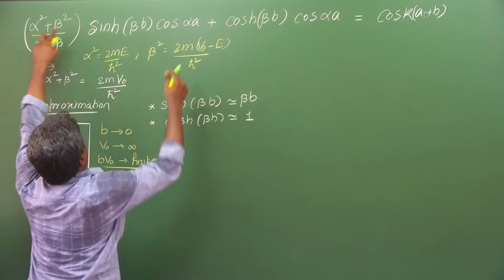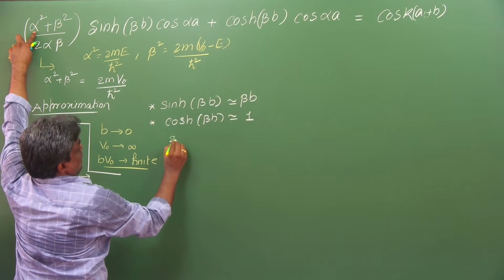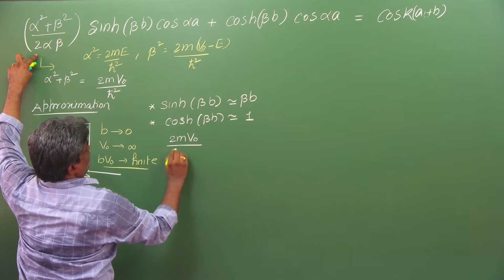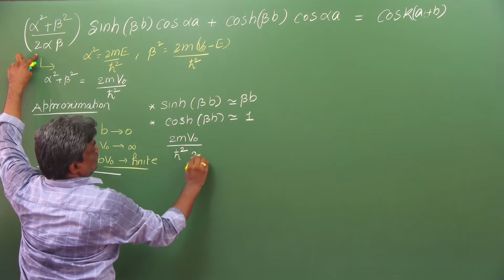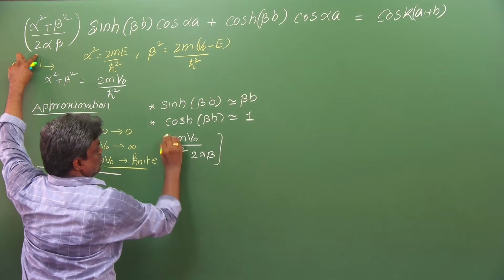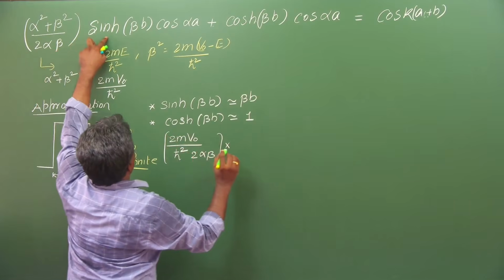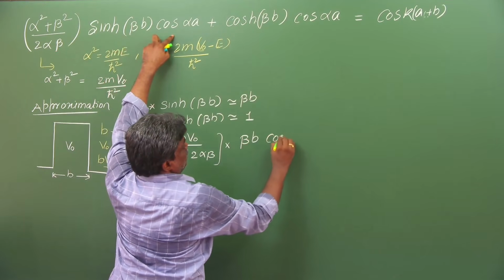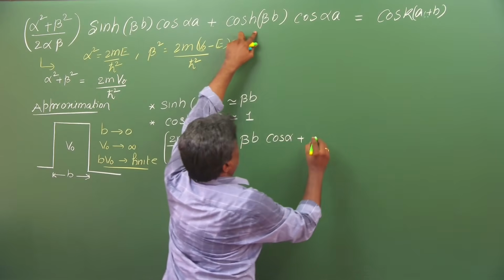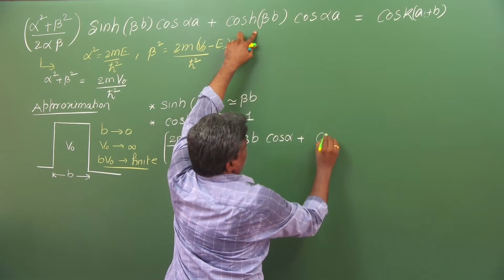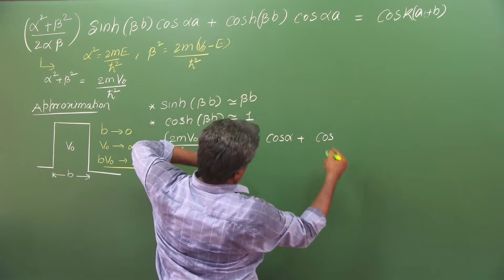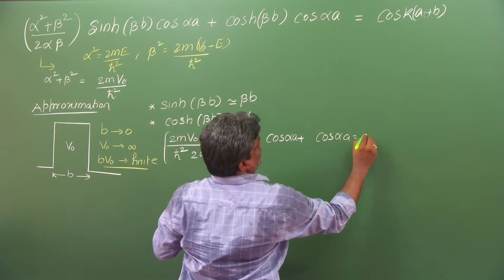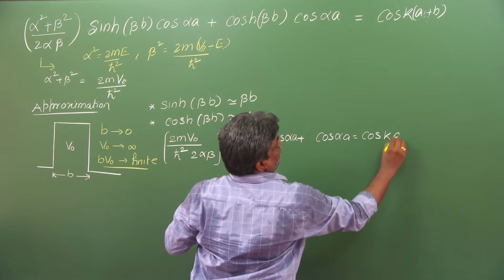If you substitute, alpha square plus beta square is 2mV naught by h cross square, into 2 alpha beta, sinh beta b, next cos alpha a, taken into 1, plus cos alpha a, equal to cos ka.